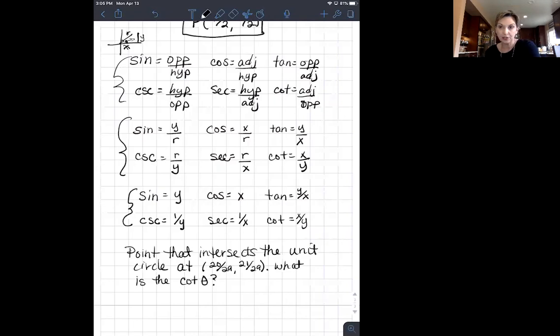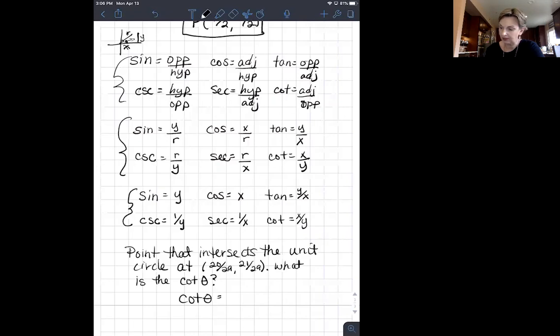We know it has a terminal point on the unit circle. What angle meets that line with that terminal point? Well, that's the x and that's the y they've given to us.